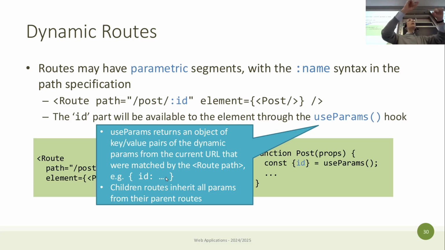So basically it reads and parses the URL for us, separates the content it finds in the parametric parts, and makes it easily available to our code in the form of a JavaScript object. As actually happened on the server side when we were programming with Express. That's the same principle, but here everything is working on the client. It's a different library. It's React Router that does this operation for us.